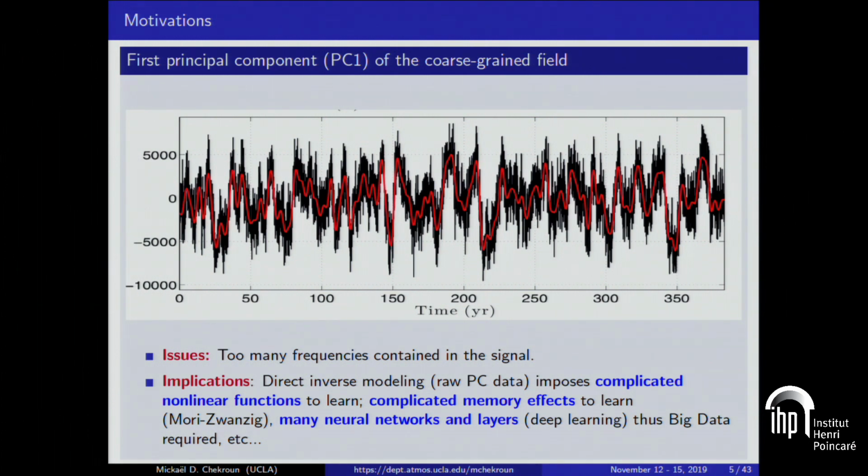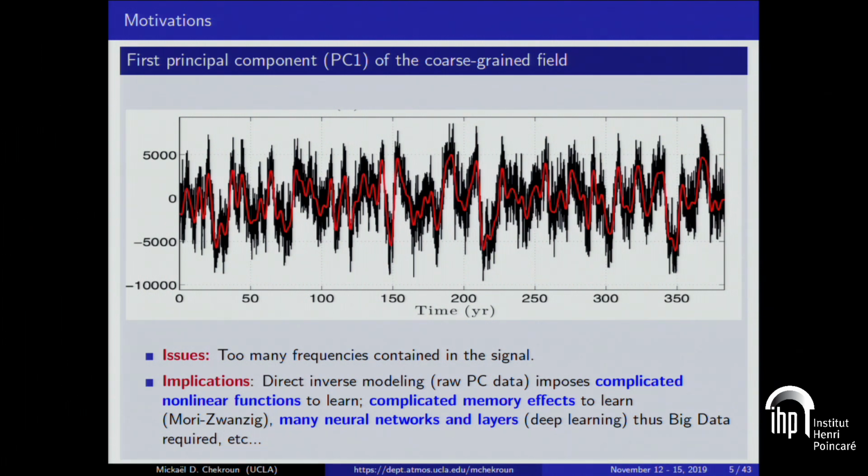And what are the practical implications? If you pick up your PCs and you want to do an inverse model, whatever the approach you want to take, you will face the difficulty of inferring complex nonlinear functions. Or if you want to adopt a Mori-Zwanzig approach, you will have to deal also with complex memory effects to learn.